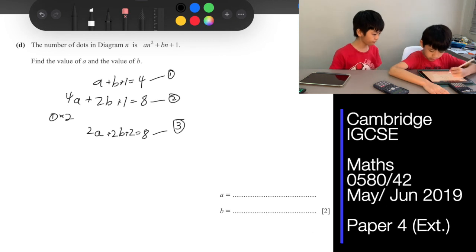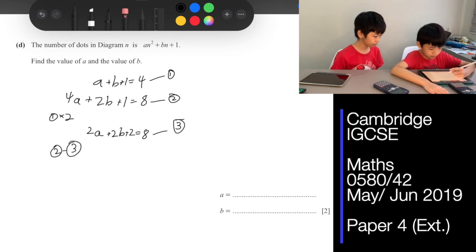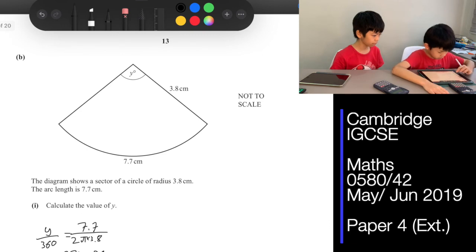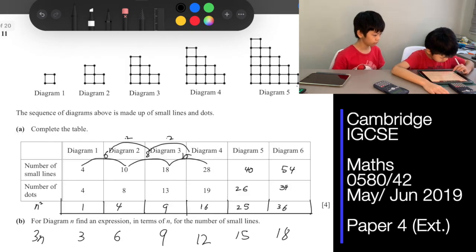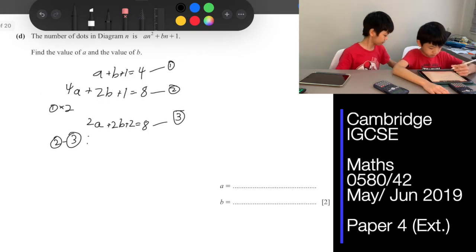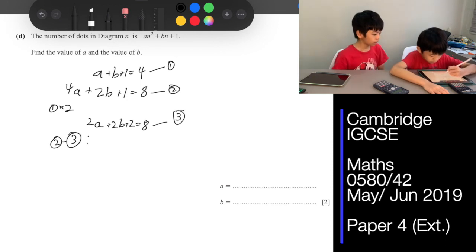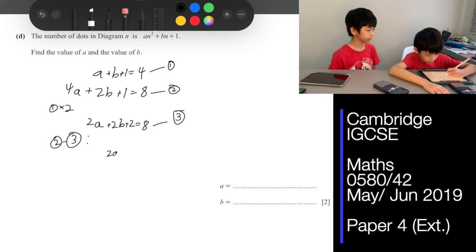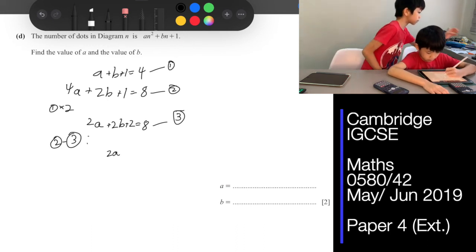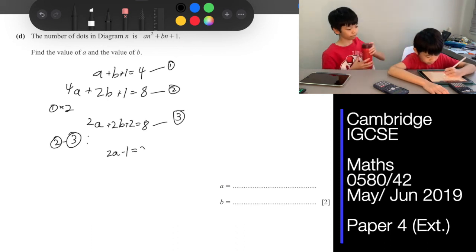So we take 2 minus 3. So that would be 4a minus 2a, 2b minus 2b, 1 minus 2 minus 1 equals 0.